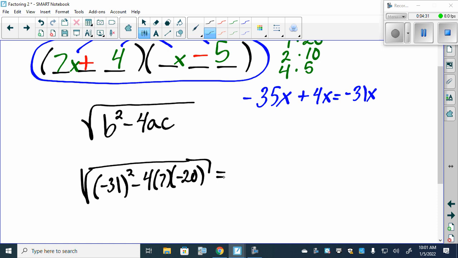And at this point here, we could plug it in either calculator. Because we're not too focused on the value, we're just trying to see, is it a whole number or is it a fraction or decimal? Because if it works out to be a fraction or decimal, then it does not factor. 31 squared minus 4 times 7 times negative 20 works out to be 39.